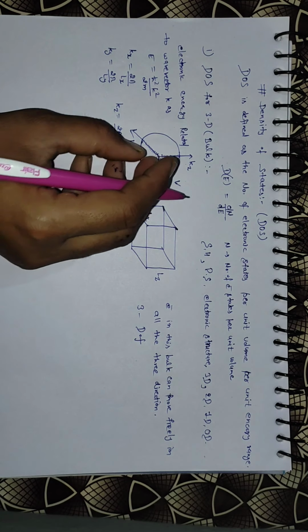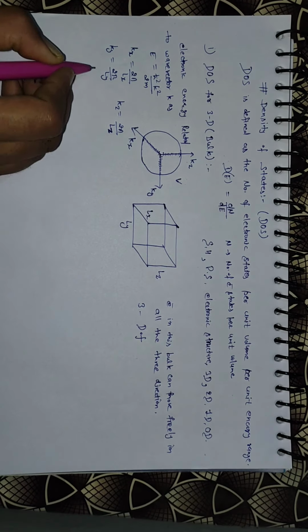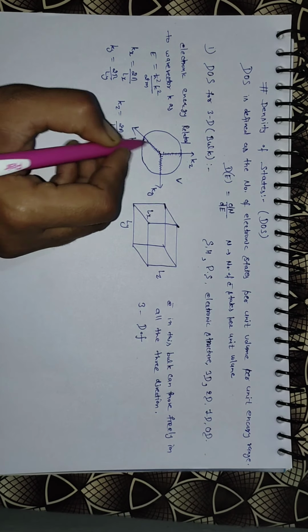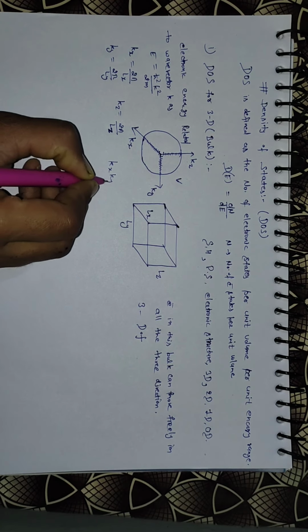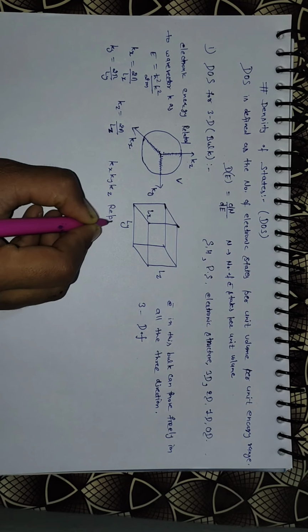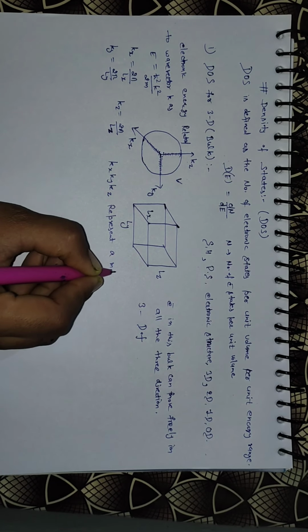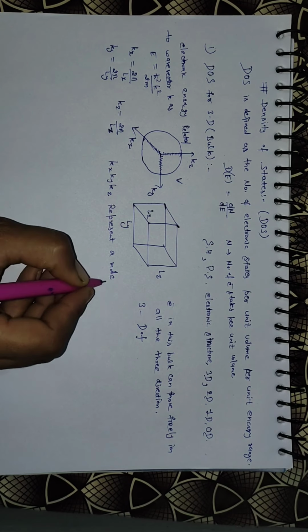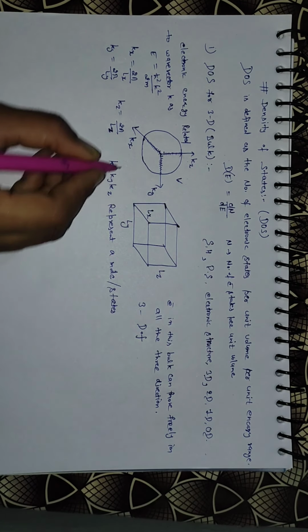The separation between these subparts is 2 pi over Lx, 2 pi over Ly, and 2 pi over Lz, and a combination of kx, ky, kz represents a mode, a state.